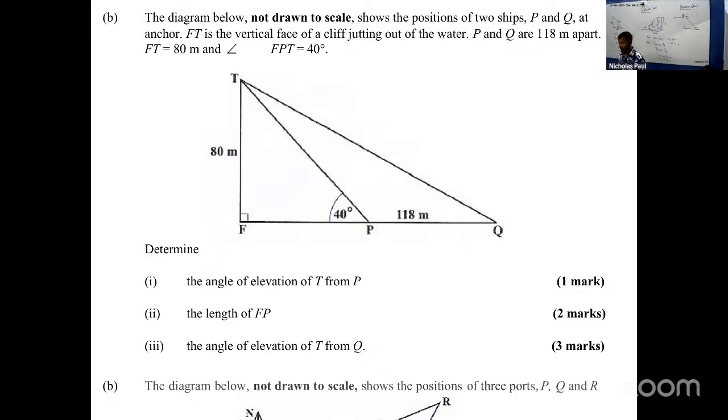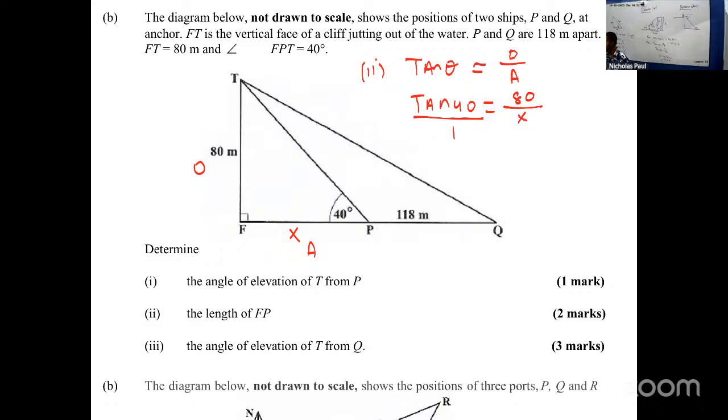So they wanted to find FP, that is X. So for part two, we have opposite and we have adjacent. So that's tan theta. So tan 40 is equal to 80 over X. Two fractions with an equal sign, so cross multiply.